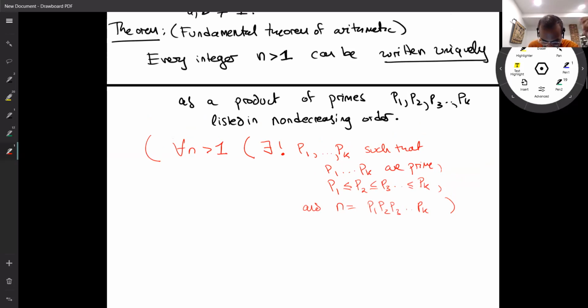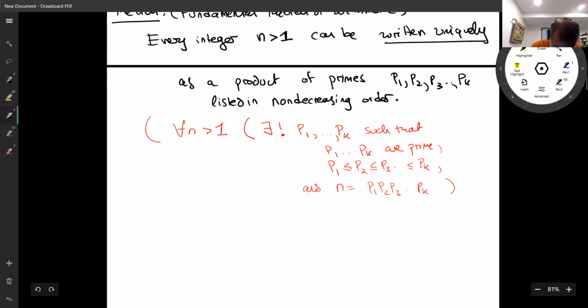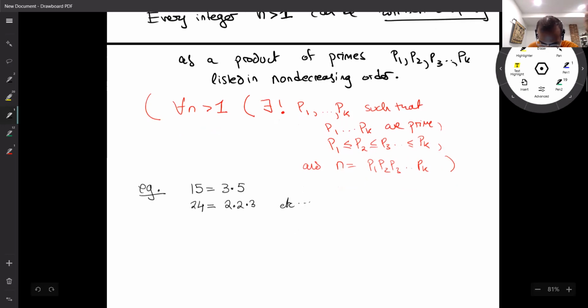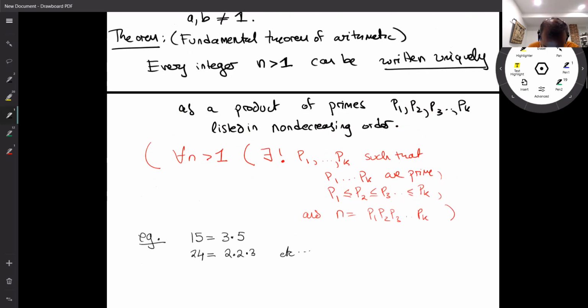For example, 15 is equal to 3 times 5, and 24 is equal to 2 times 2 times 2 times 3, and so on. I'm listing them in non-decreasing order. There's always a way to do this, and there's only one way.